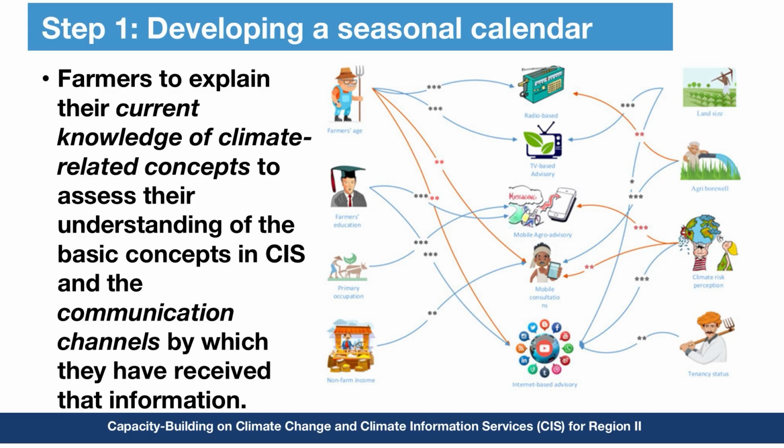Malaman din po natin, dapat kaya ding ma-explain ng mga farmers yung current knowledge nila when it comes to climate-related concepts. That way, we can also assess ano ba yung understanding nila sa basic concepts po ng CIS. Diba? At saka ano yung mga communication channels na kalimitang ginagamit nila para makareceive sila ng information.